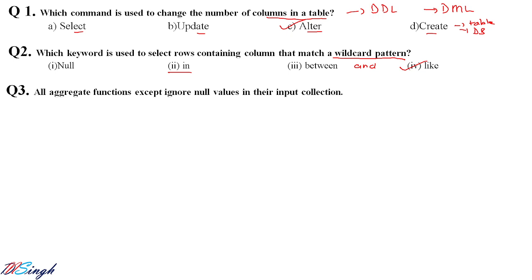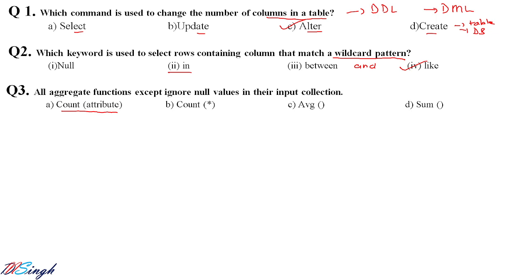All aggregate functions except count star ignore null values in their input collection. So the count function will ignore null values if it is applied on a particular column, but if it is applied on a table, then it is not going to ignore null values. So here you can see count attribute. Attribute means what? Column.